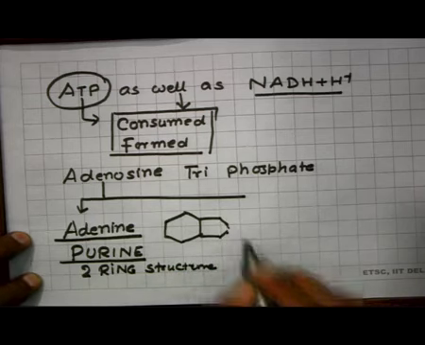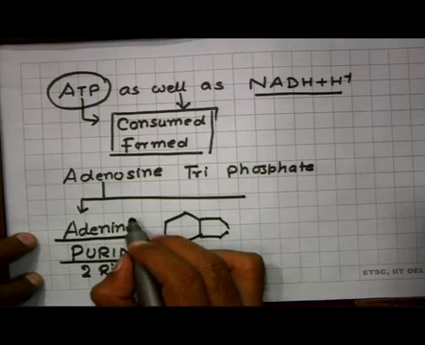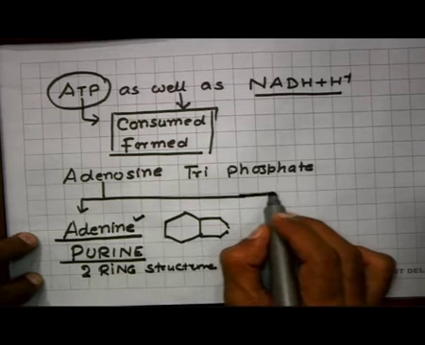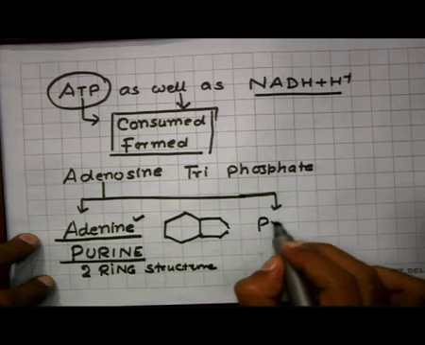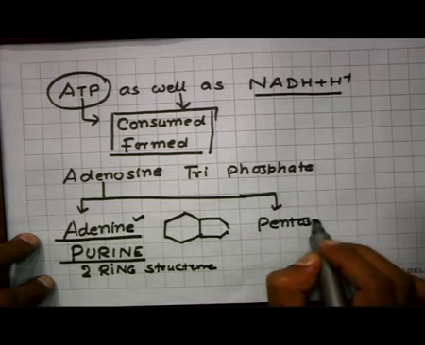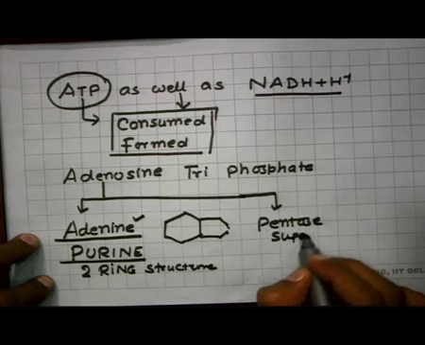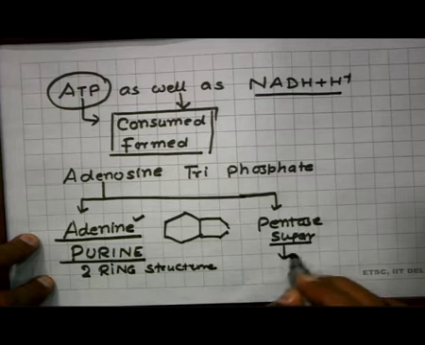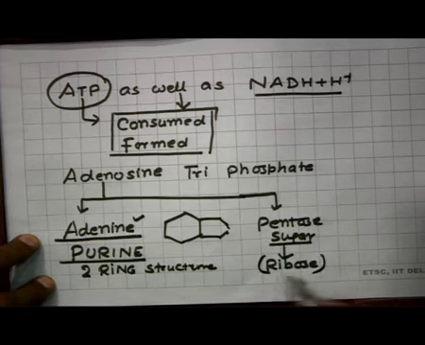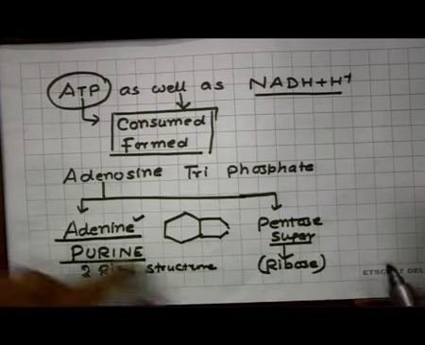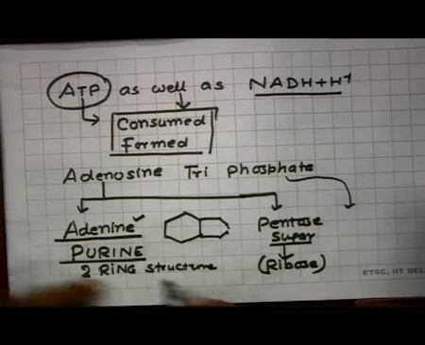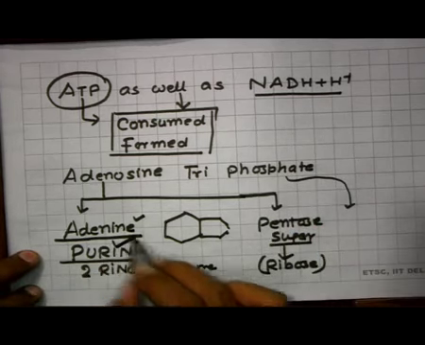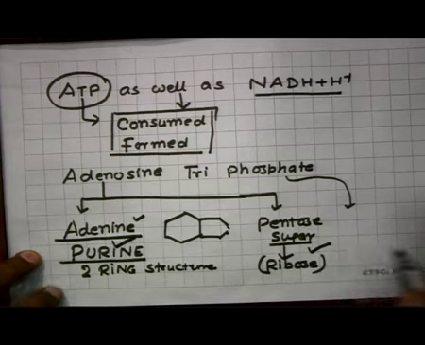It combines with a pentose sugar, that is ribose, or it may be deoxyribose, and that forms adenosine, adenine plus ribose sugar.